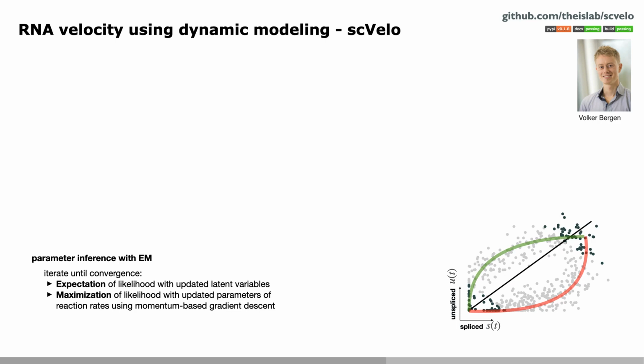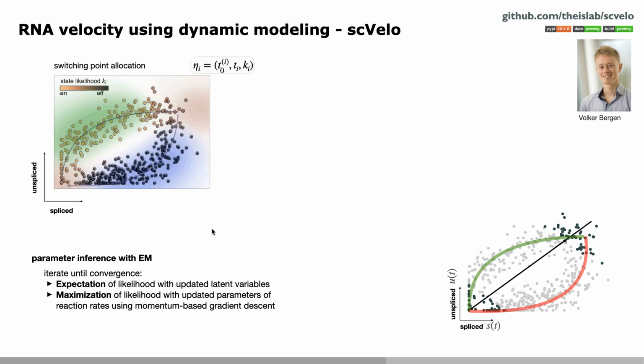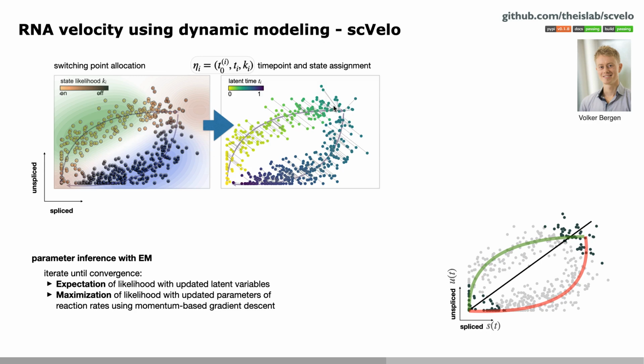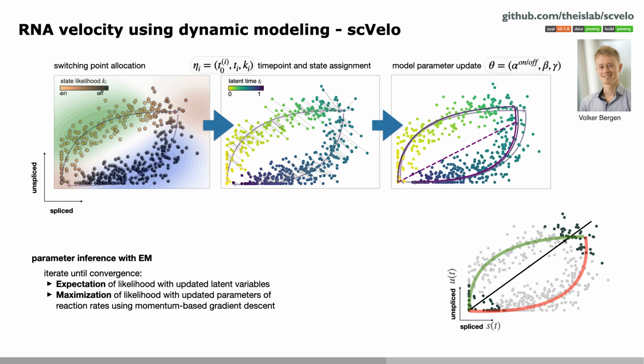So let's fill this with pictures. First of all, we assign states to all of the cells, which is depicted here with the different colors. Then we compute a latent time so that we can assign the cells either to the on state or the off state. Then the cells are fitted towards this curve.